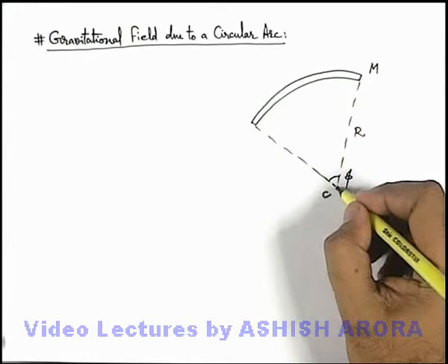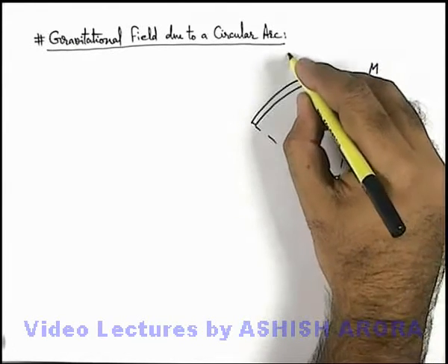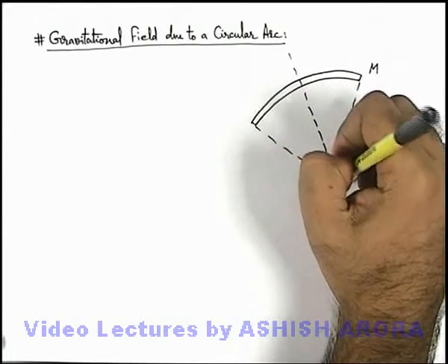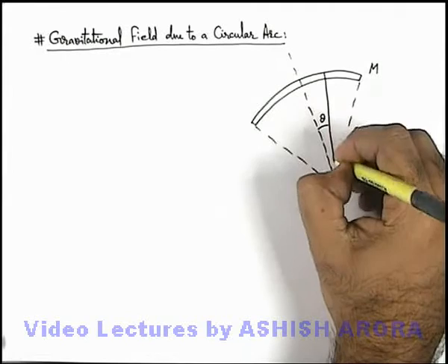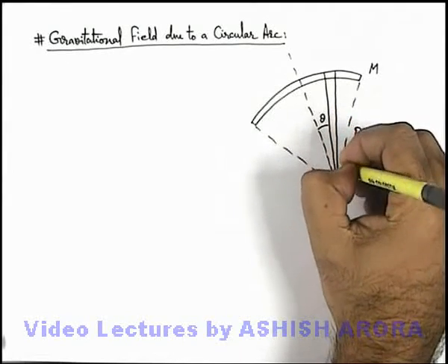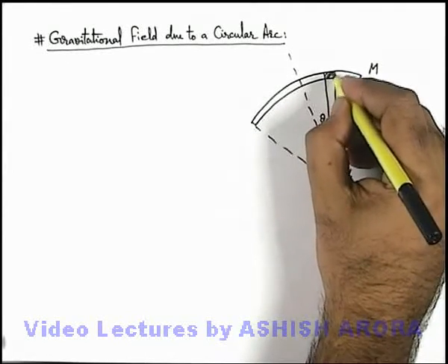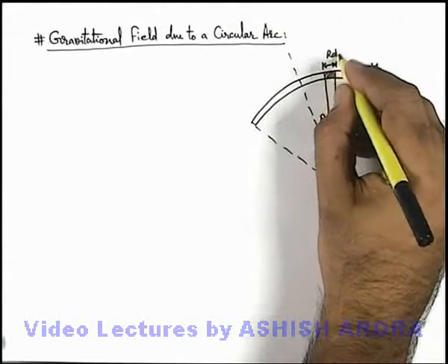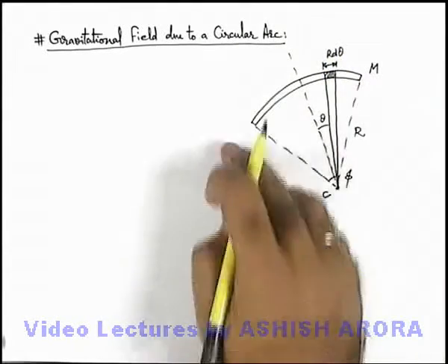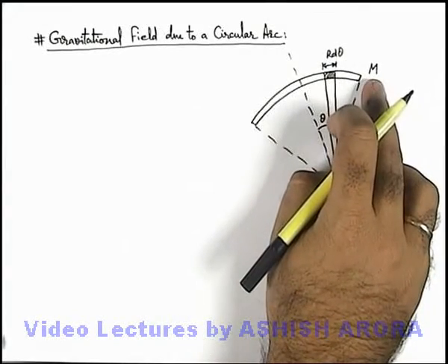Say its mass is m. To find the gravitational field at the center, we consider an element which is located at an angular separation theta from the angle bisector like this, which I am drawing, and say this element has a width r d theta. For the complete rod, the mass is m.